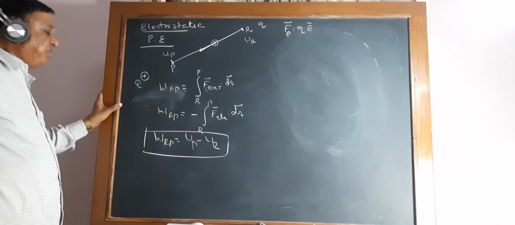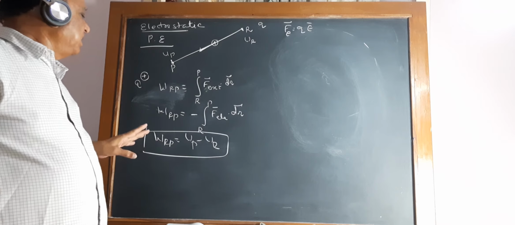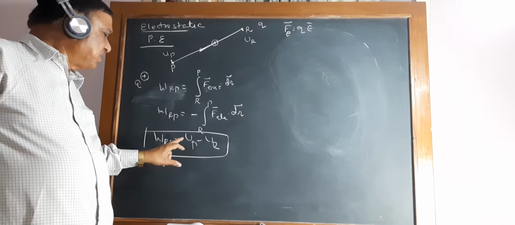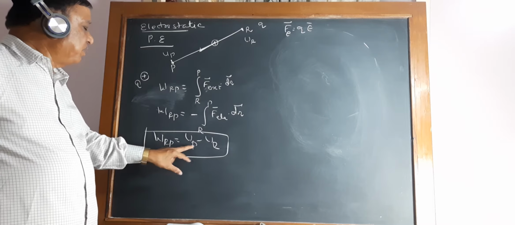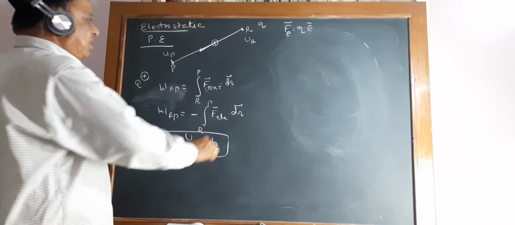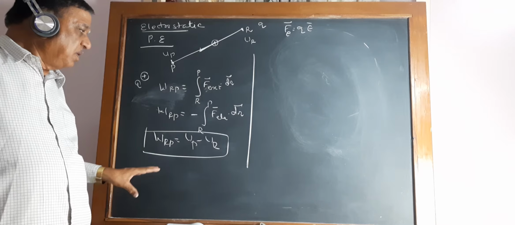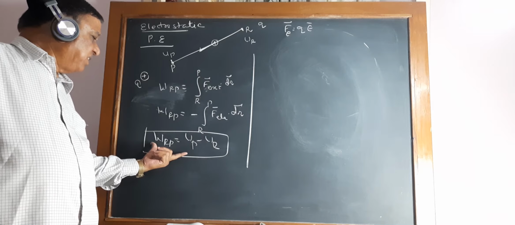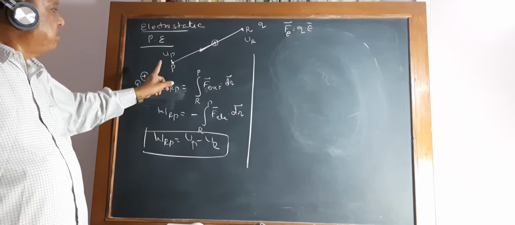So where we are doing work or bringing a test charge from R to P, that is nothing but difference of potential energy between 2 points. So WRP equal to UP minus UR, also we can say like this. Whatever work done is stored in potential energy, from this point we can say potential energy UP minus UR means final minus initial.